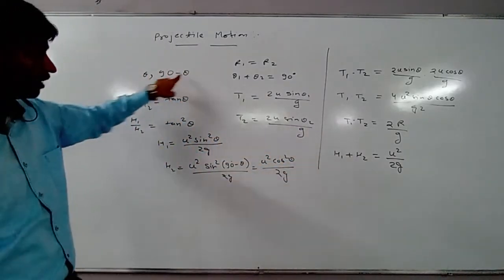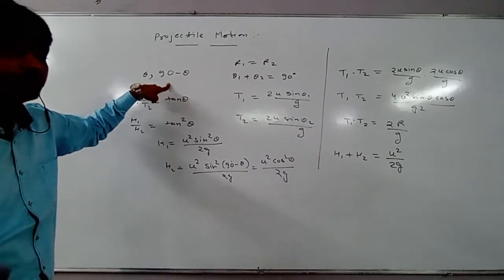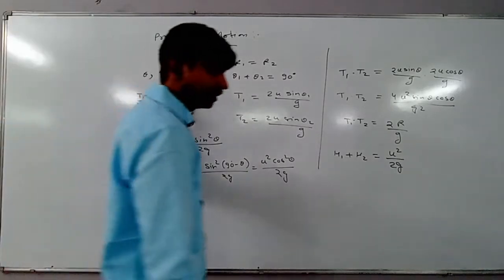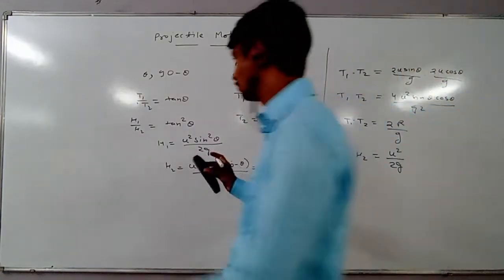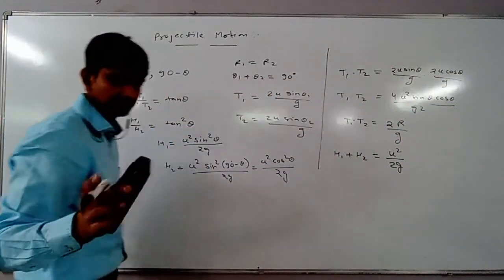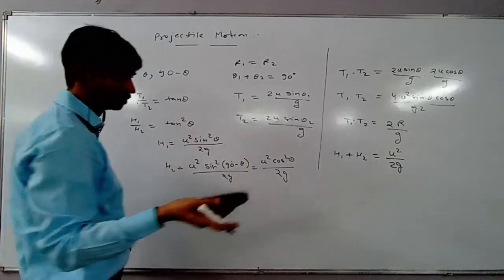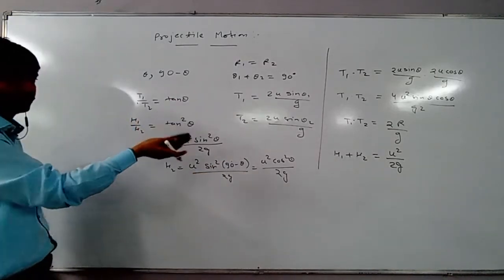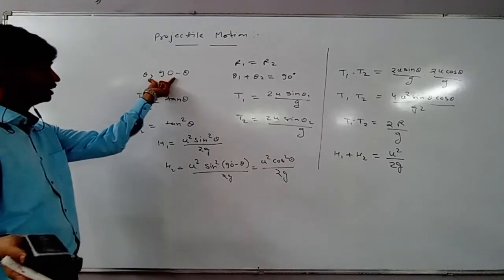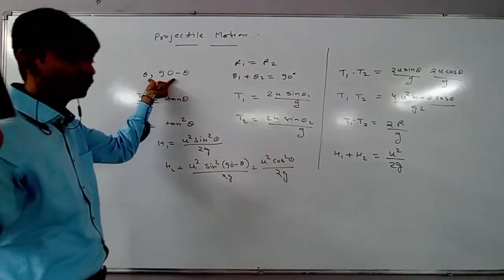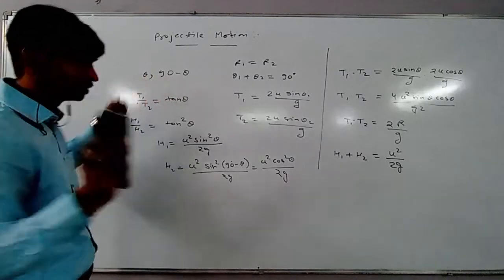Just try to remember one thing for the same range, that is theta and 90 minus theta. Two complementary angles provide the same range. Okay. Don't try to remember all these formulas. Otherwise, this will be a difficult task for you to remember all the 50, 100 formulas in just one chapter. Just try to remember the condition. Okay. Complementary angles provide same range.